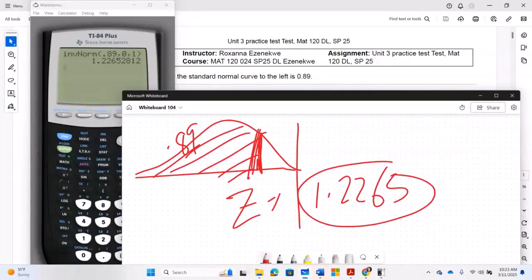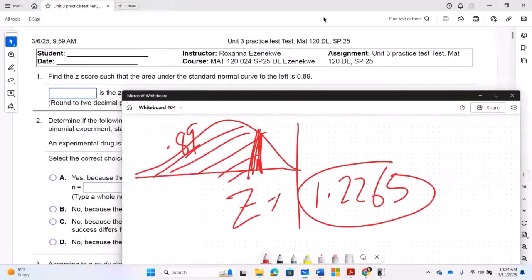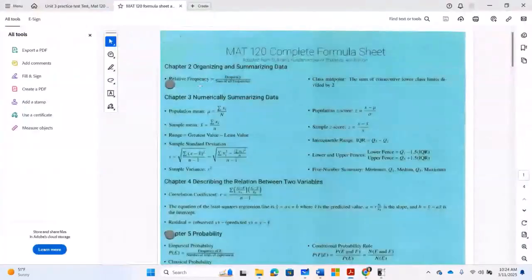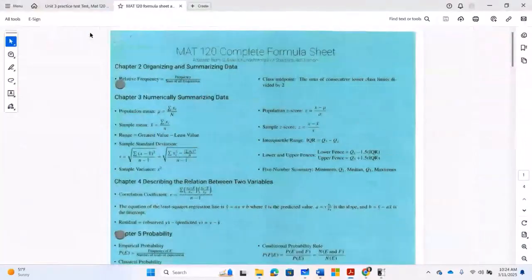Okay, so the next one we are going to do is, suppose we are told to do it by chart, so I can read the chart. I'm going to pull up the chart. So I want to find that z value using a chart. I'm not using the calculator this time.